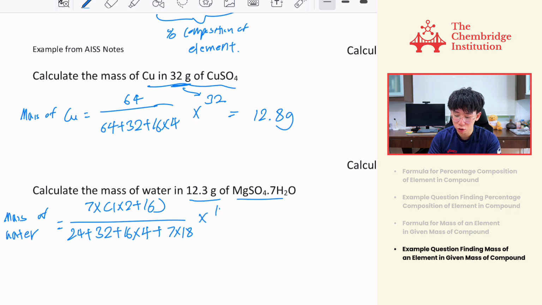Then you would times 12.3 grams, which is the given mass. Once you calculate, you get an overall answer of just 6.30 grams. So there's actually 6.30 grams of water inside this 12.3 grams of hydrated salt.